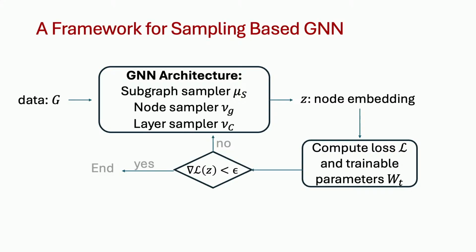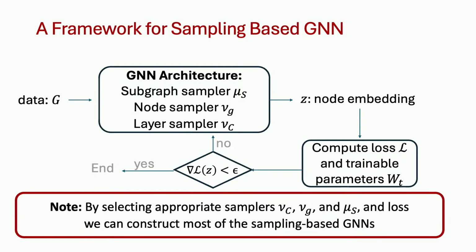If the gradient of the loss is small enough, then I finish, and otherwise I do the same loop again. So this is the high-level pictorial of different sampling-based GNNs. And if I choose these samplers well enough, then I can recreate a lot of these sampling-based GNNs that have been working empirically in practice.